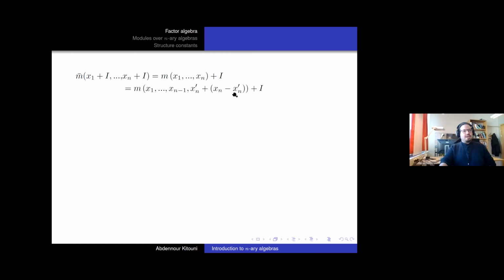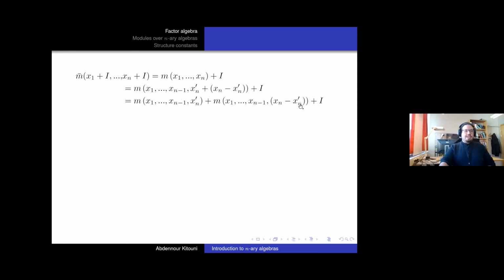And then what we do is we add and subtract xn prime in the last entry. And after moving elements around, we end up with M of x1 to xn-1 and xn prime plus this, which is an element of I, using multilinearity here.